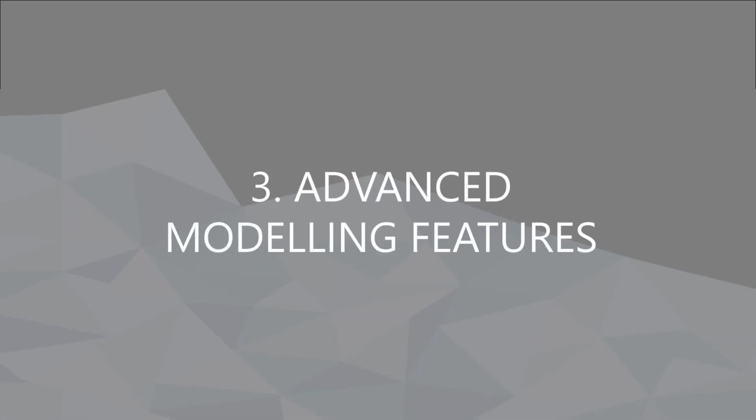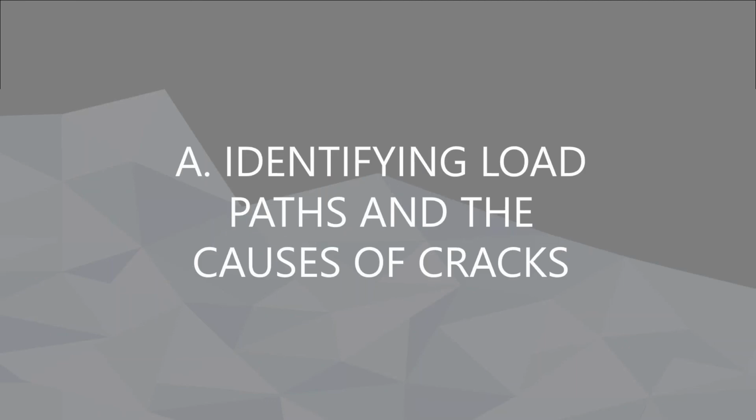Okay, so moving on to the advanced modelling features. What I'm going to do is go through each of those three areas that I mentioned at the start. The first of these is looking at identifying load paths and the causes of cracks.